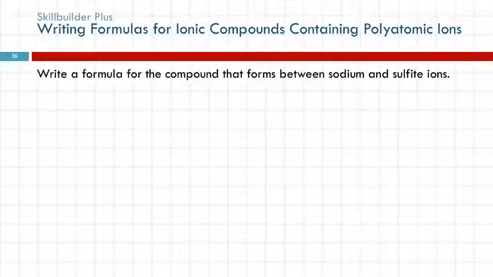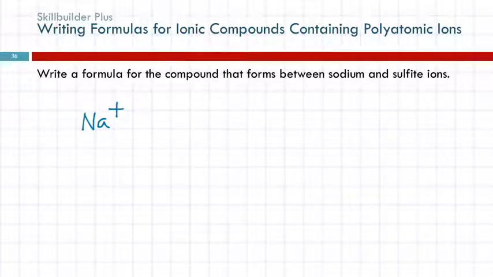Compound that forms between sodium and sulfite ions. What's the symbol for sodium? Na. Good, you guys have been studying. What's the charge on a sodium ion? What group is it in? It's in group 1A, so it's 1+. Okay. Sulfite.